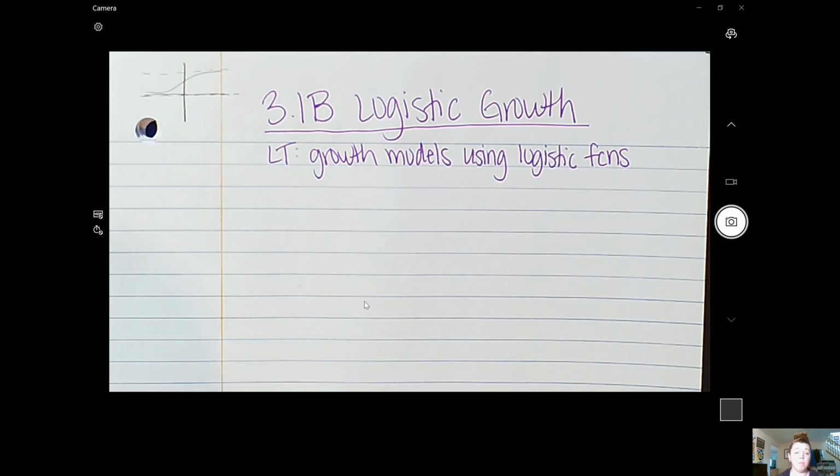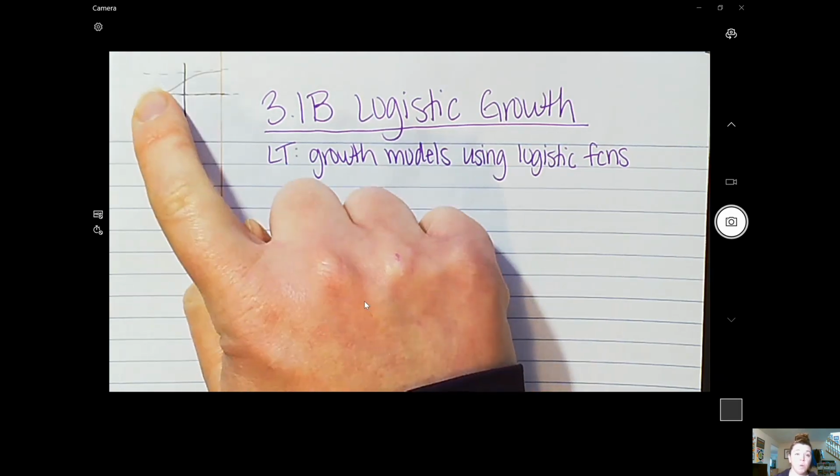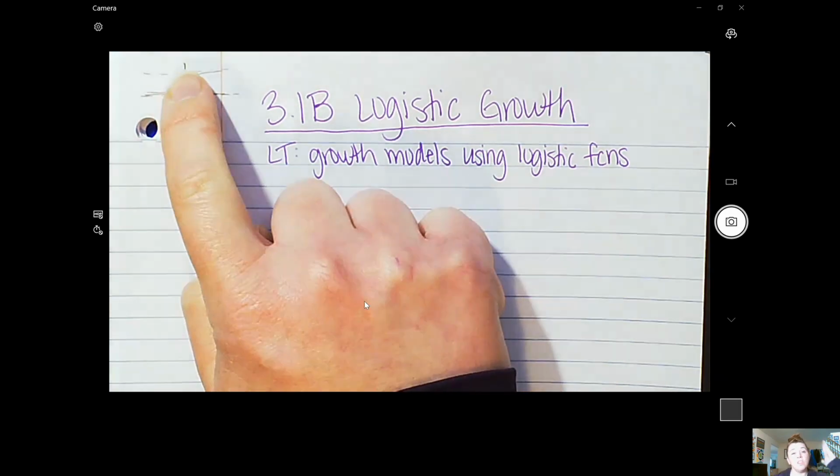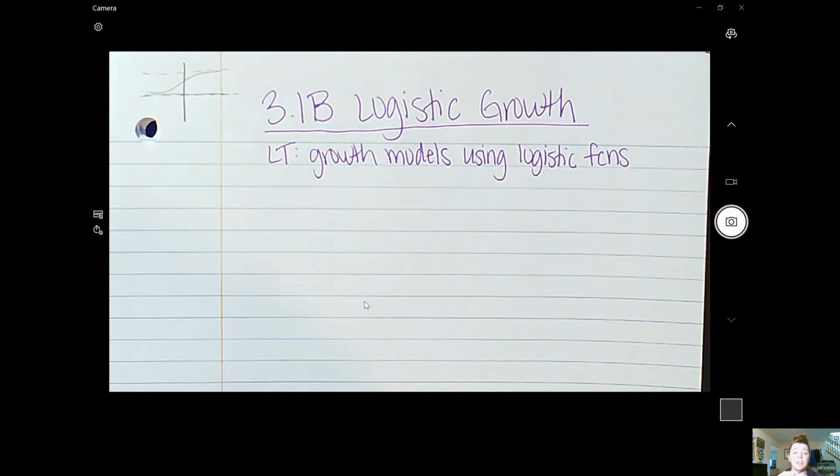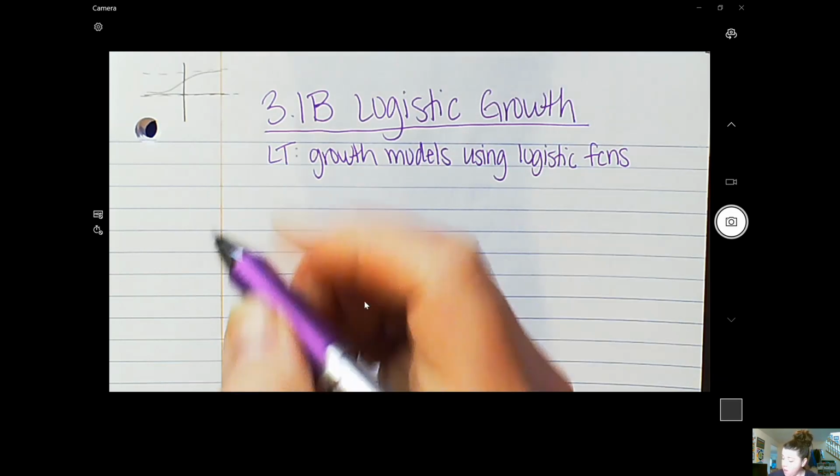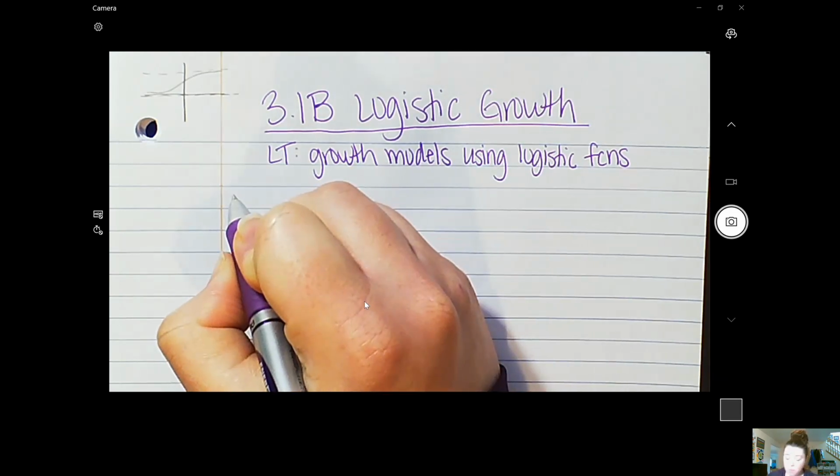And so that's what happens with logistic growth. It grows really fast for a while, and then it starts to taper off. So there's a limit to the growth, and it's at that top asymptote. So you're going to see two different versions of the logistic equation, but let's write down what I just talked about.